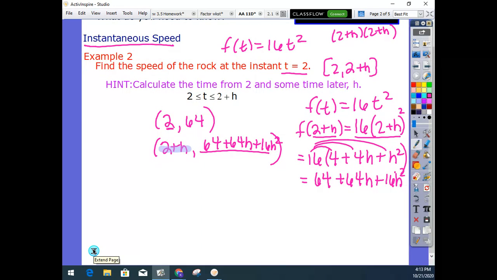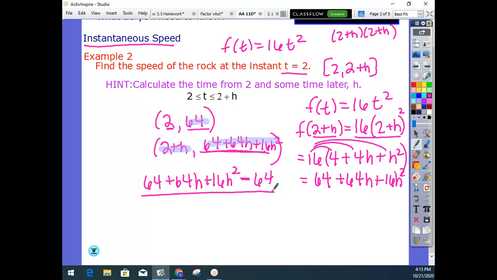You might still have no clue what I'm doing, and that's okay. Now I'm going to take my change in y, or my change in distance, divided by my change in time. So if I just find the average of these 2 points, I'm going to take my y minus the y, all over x minus x.